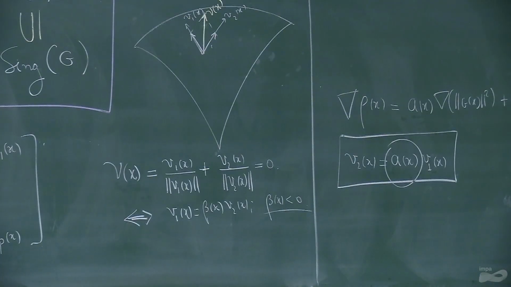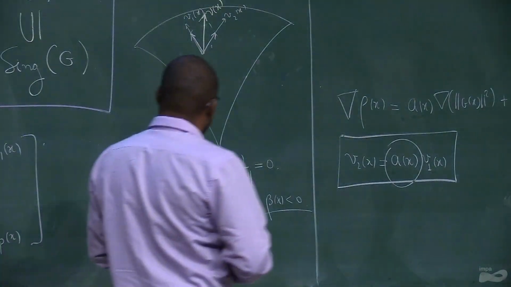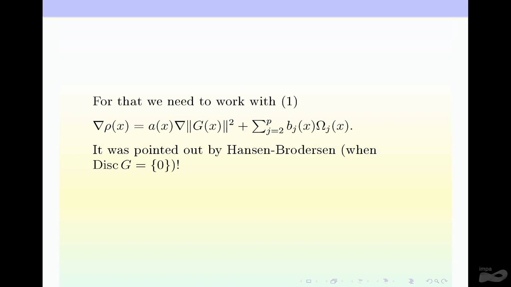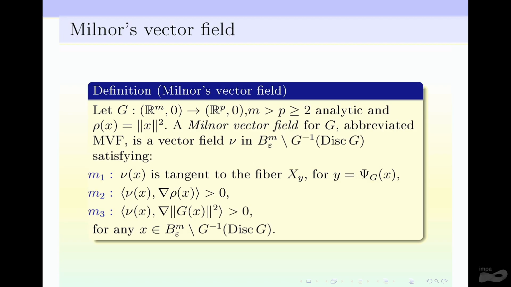okay? It is tangent to the fiber, by construction. What else? The second condition, let's come back a little bit just to check. So the M1 condition is trivial. It was by construction. The M2 condition says that this dot product here must be positive.